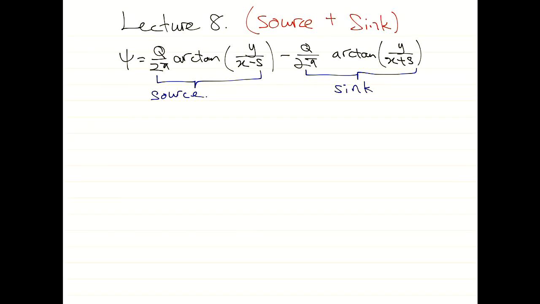I've just written my stream function, and I would like to write it in cylindrical polar coordinates because it's just a bit easier for this case.